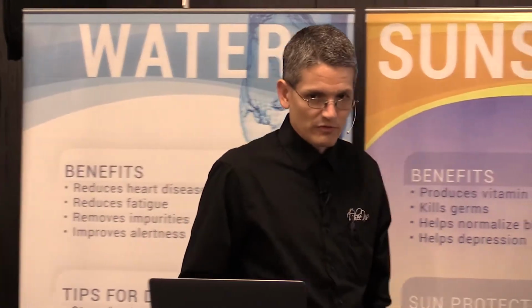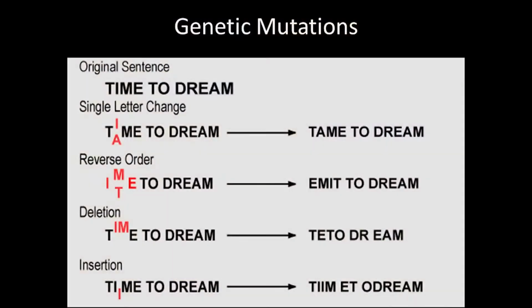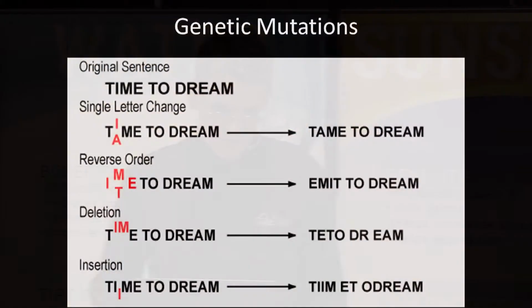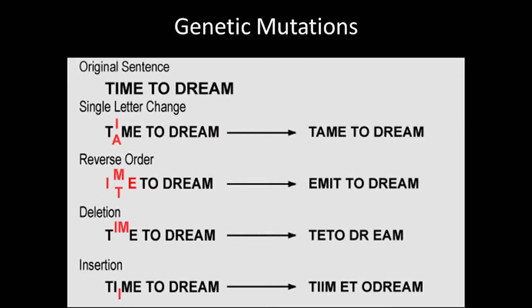And of course, as we saw before, you can mess things up, and when you mess up the lettering of the DNA sequence, you don't get useful information. "Time to dream" versus "tame to dream" is a single letter change. You can reverse your order so that now it's "admit to dream."